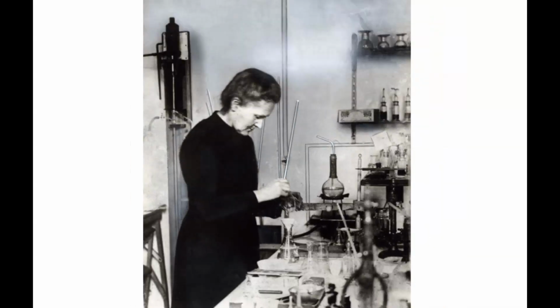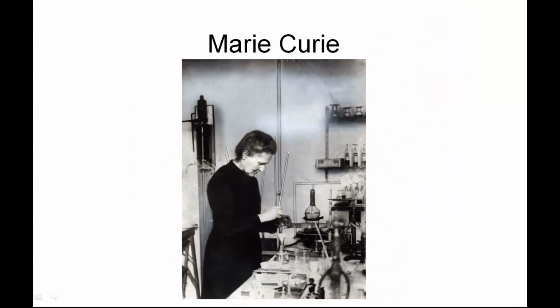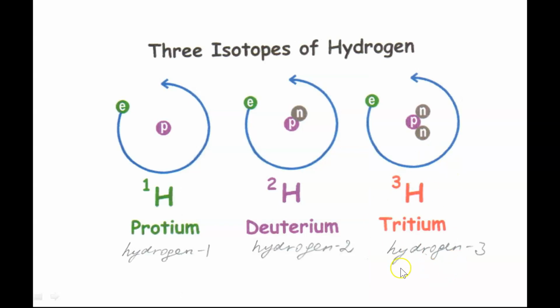So now when a scientist works with radioactive isotopes in the lab, they have to follow all the lab safety procedures, and they have to wear personal protective equipment. And depending on what kind of element it is, there are different ways to protect yourself. For example, if you are working with hydrogen-3, hydrogen-3 is right here.